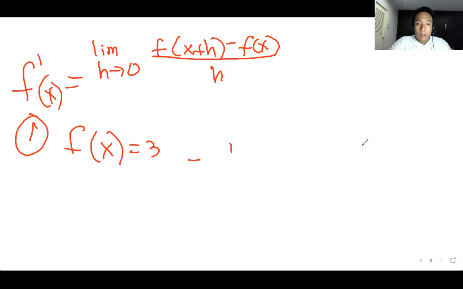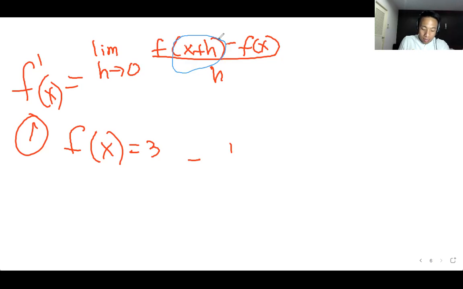Itong part na to, ibig sabihin yan is, papalitan niya yung nasa X. Okay? Papalitan niya yung nasa X.